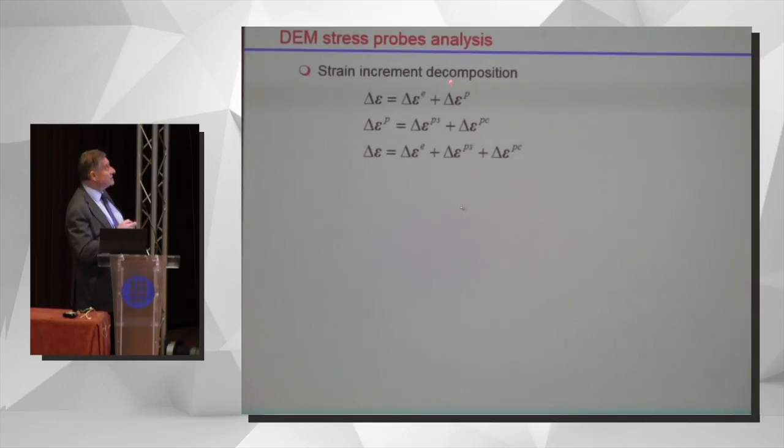We assume that the thing is additive, so the total strain is elastic plus plastic. But the plastic strain has now 2 components, hopefully. One, which we call structural, is related to the change of the fabric, of the structure of the material, of the position of the grains, and this one is due to crushing events. So this is the final expression.